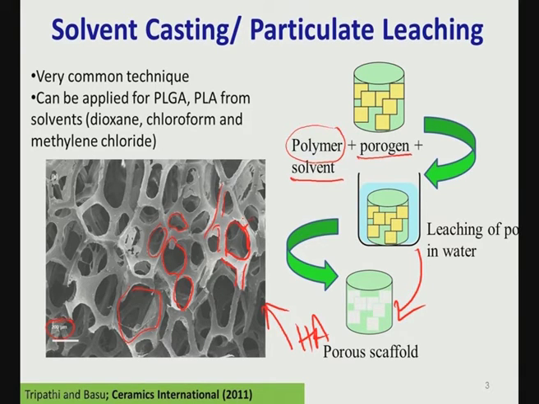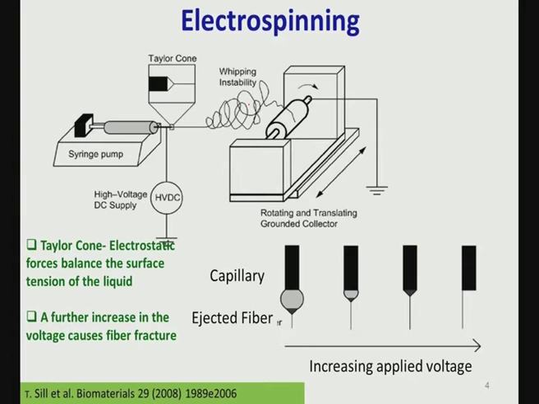Because the strut width will determine the mechanical strength properties of these materials, how fast this porous scaffold will collapse under load. If the strut width is very small, then the scaffold cannot sustain higher mechanical load. This solvent casting scaffold processing technique can be applied to different materials like polylactic acid and so on.